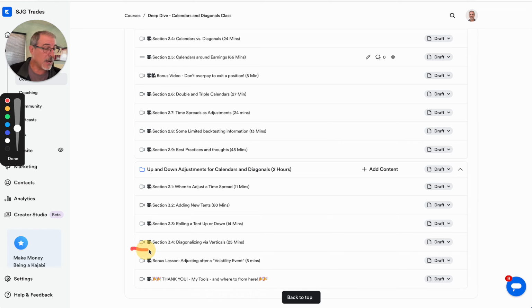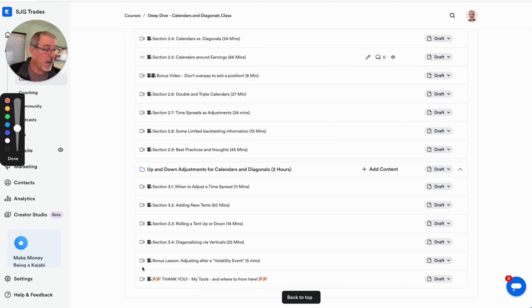We're going to look at diagonalizing our trades. So maybe you get in as a calendar and the market does some things that force you to consider adjusting. One of the adjustments is putting in a vertical that will switch that calendar to a diagonal.